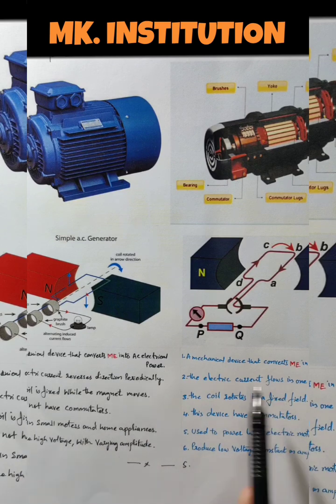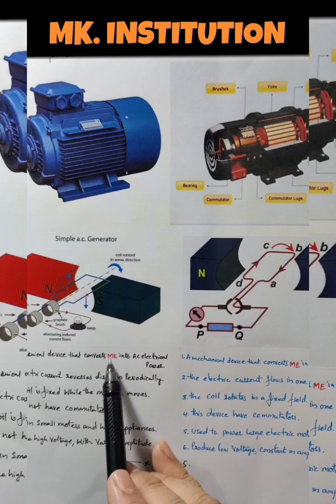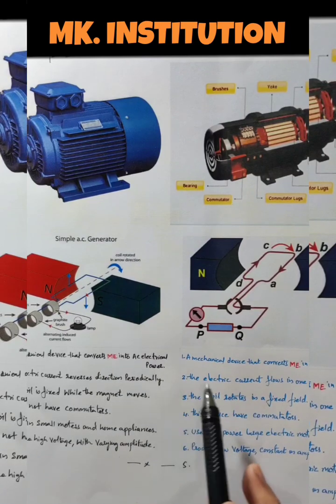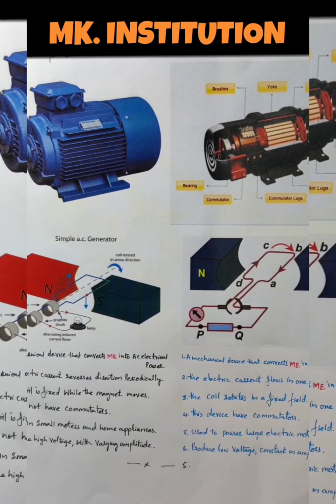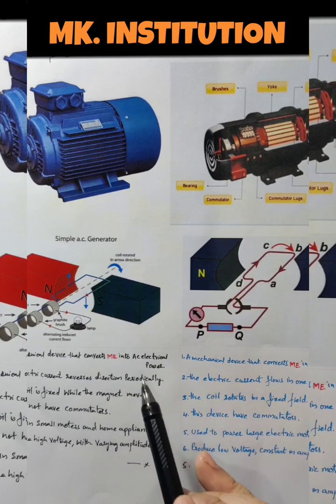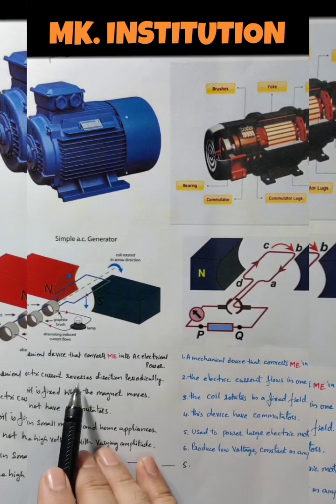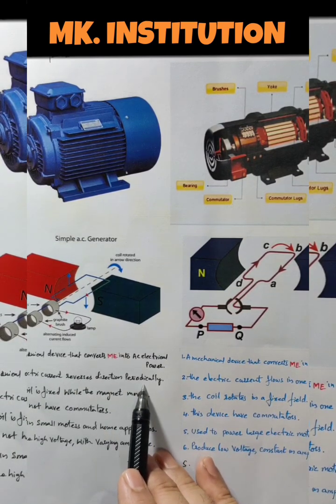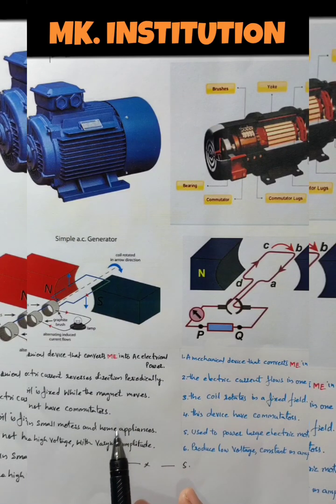Both are mechanical devices that convert mechanical energy into electrical power. Here also a mechanical device that converts mechanical energy into direct electrical power. Here direct, here alternating. Remember that one. A little bit of difference: the electric current reverses direction periodically, isn't it? In AC, how is it moving?